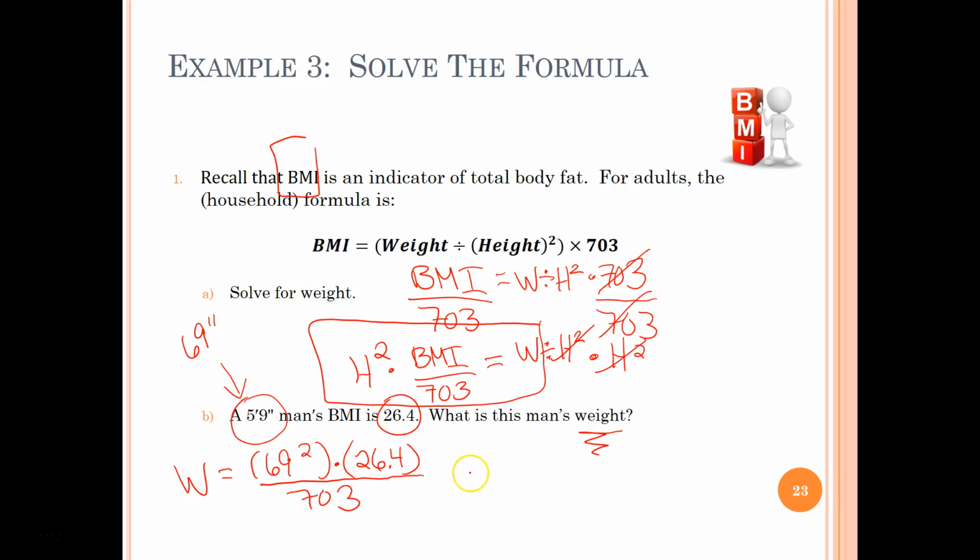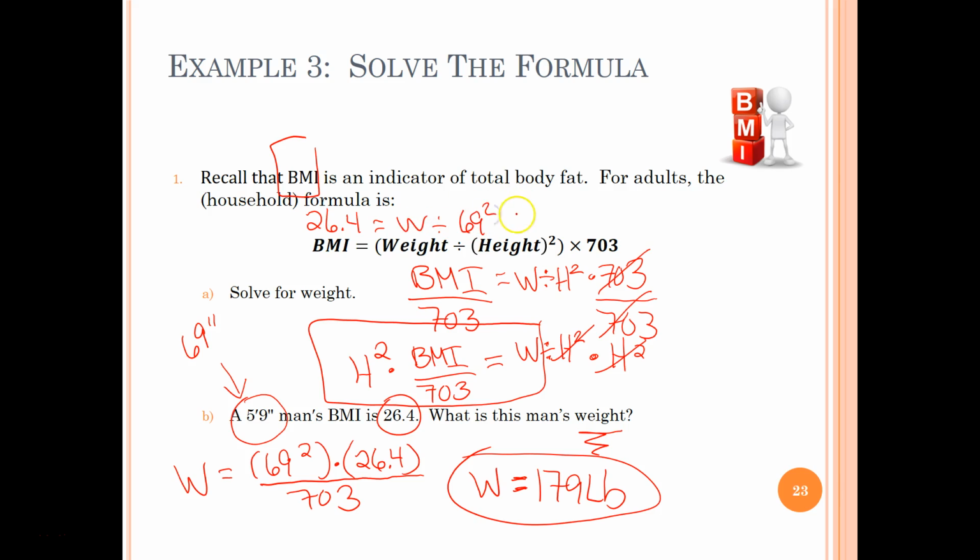If we were metric, we wouldn't be doing that. We would be using kilograms and centimeters. So in this case, the weight that we get when we do this in the calculator is approximately 179 pounds. Notice that we can substitute our data in: 26.4 is equal to weight divided by 69 squared times 703.